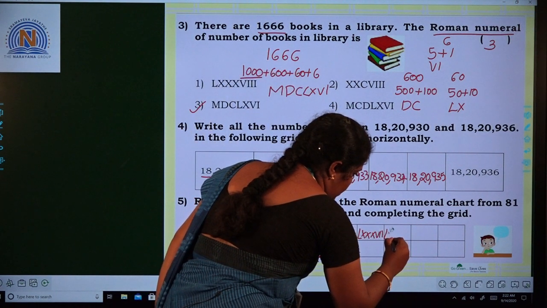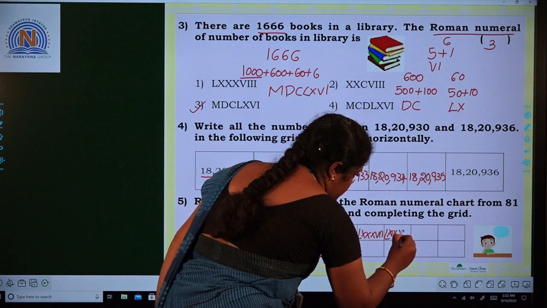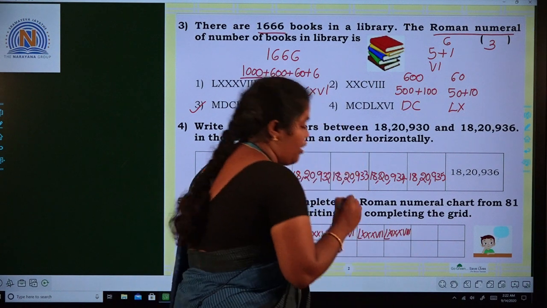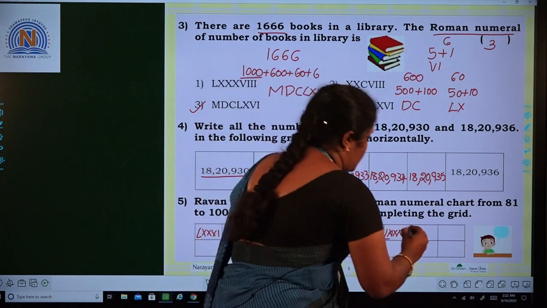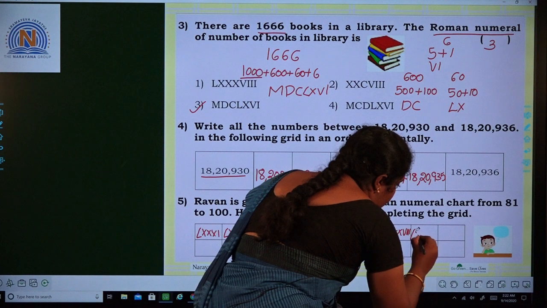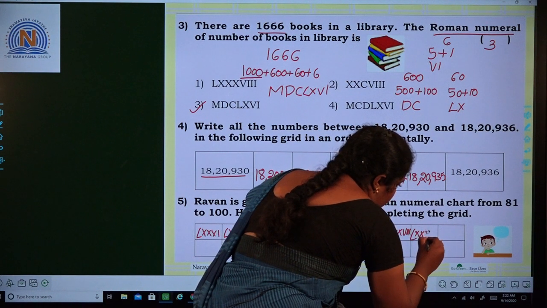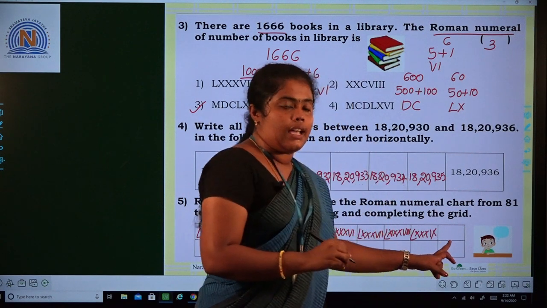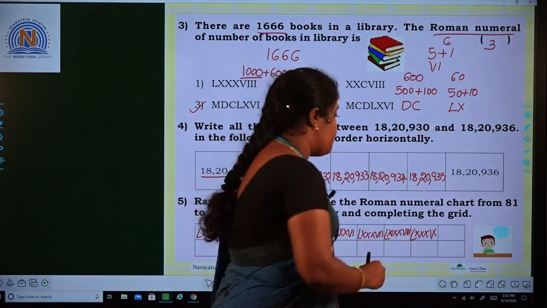Next, LXXXVIII. It stands for 88. Next, 89. 89 stands for LXXX and IX. IX stands for the 9. So we have to write 89.